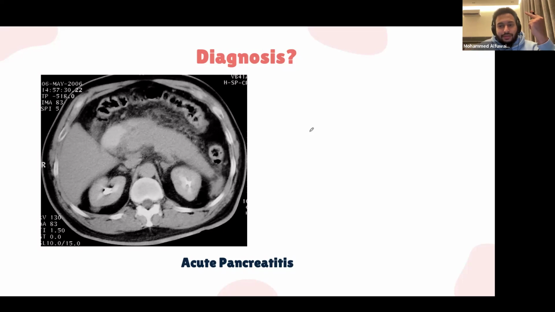Ethanol, alcohol, which is the second most common cause. Good. What's T? Trauma, good. T is trauma.